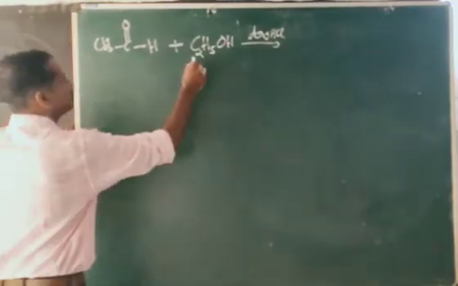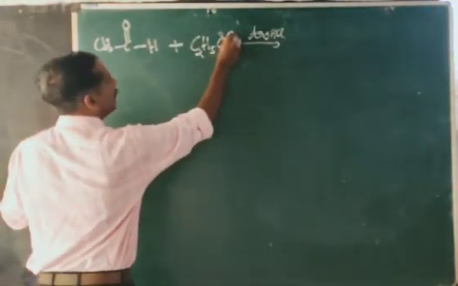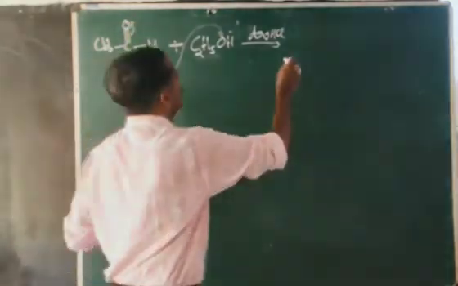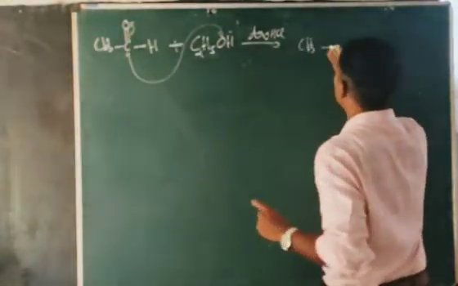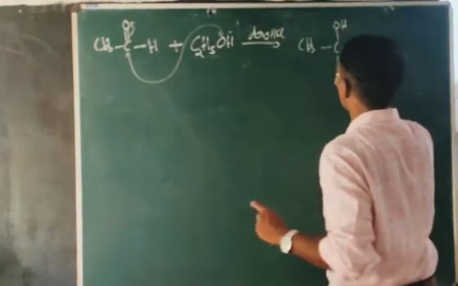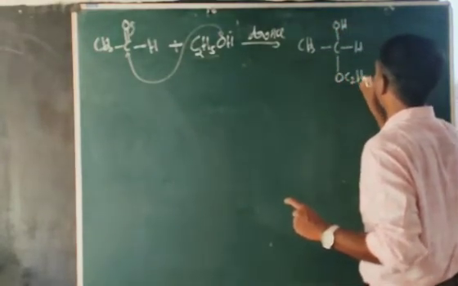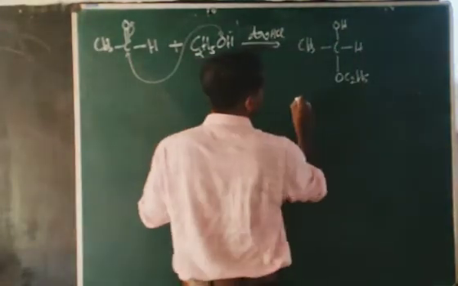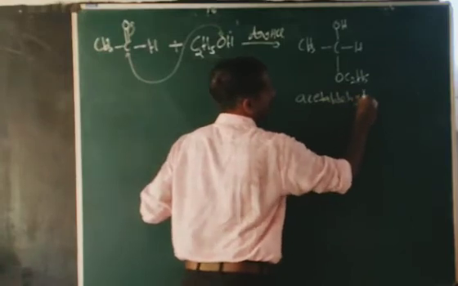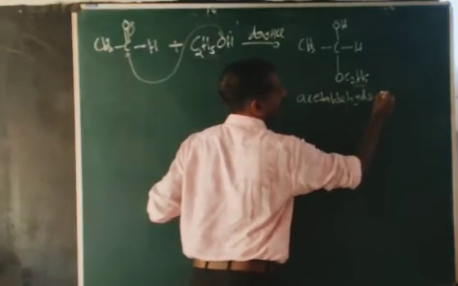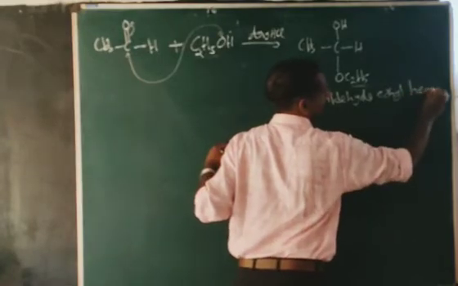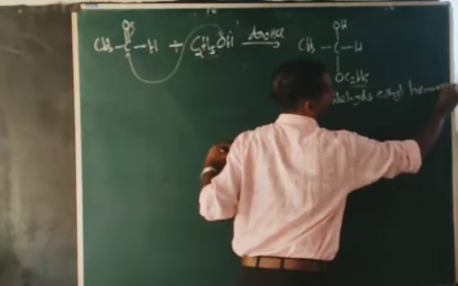As I told you, C2H5O minus and H plus will attack here, and we get a structure like this: CH3CH, here OH, and here OC2H5. What is the name of this compound? Look here, this is an ethyl group, so acetaldehyde ethyl hemiacetal.